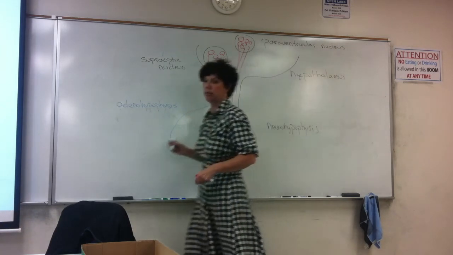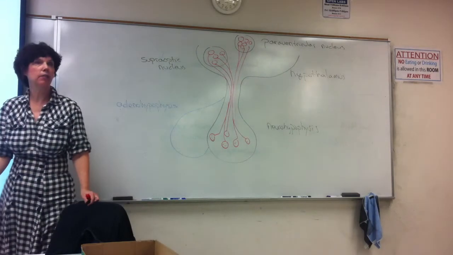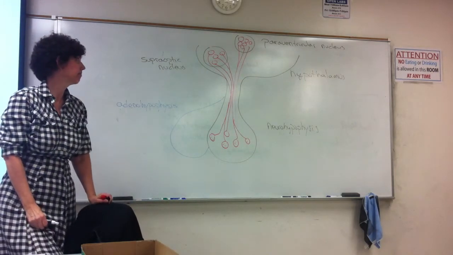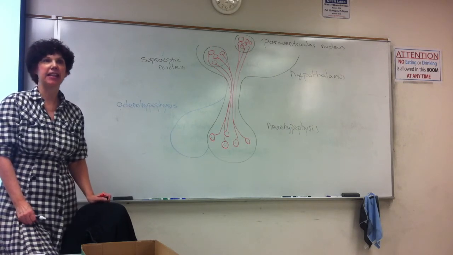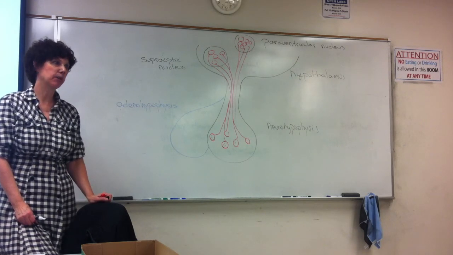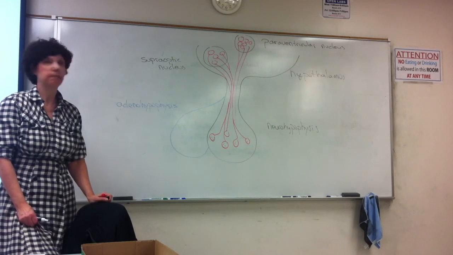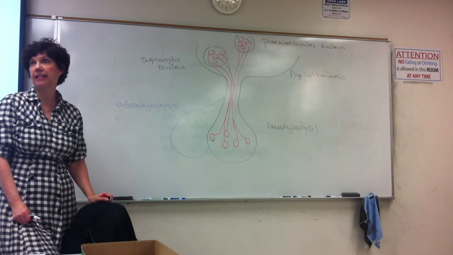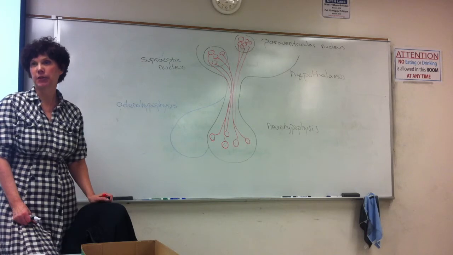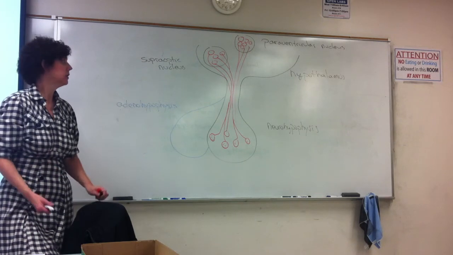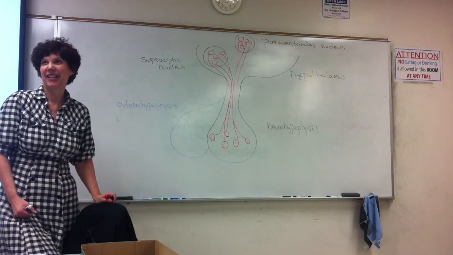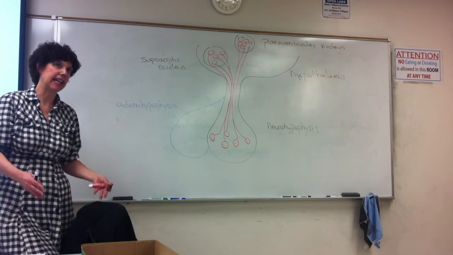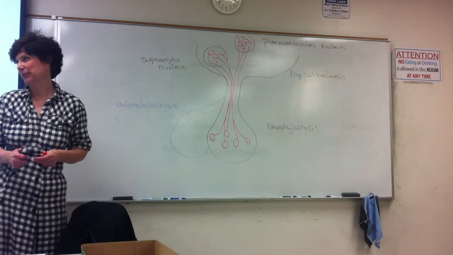Now, when I was taking courses with this content, we learned that the supraoptic synthesized the antidiuretic hormone, and the paraventricular synthesized the oxytocin. Now, literature has found that they both make both. All right, but characteristically, one is assigned to the other.